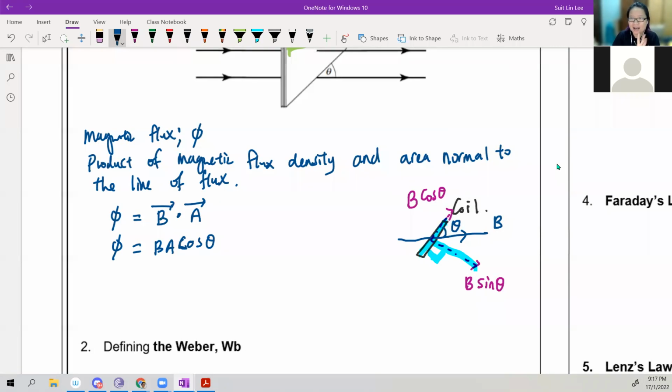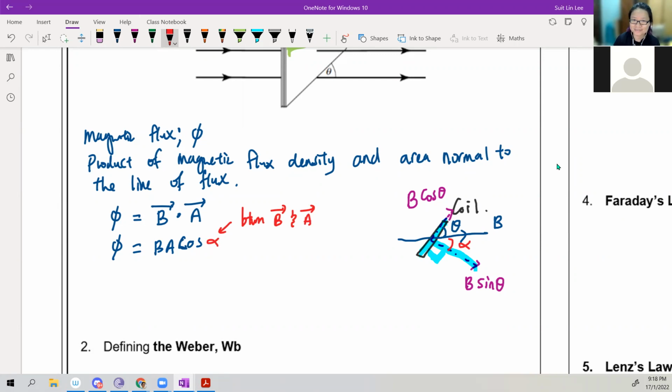But this angle has to be between vector B and vector A. So actually this one cannot use theta because we use theta for something else already. So maybe this one we will use phi. Cannot, phi is already used. Okay, like alpha. Cos alpha.